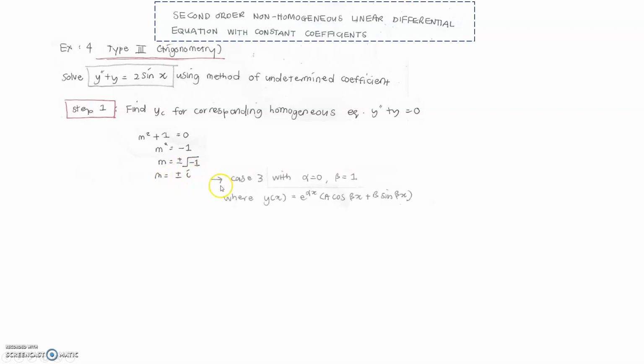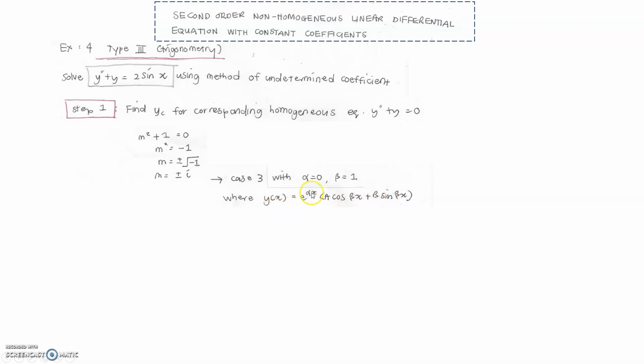Okay, so from here, it refers to case number 3, whereby your alpha is 0 and your beta is 1. So for case number 3, the solution for the homogeneous equation is y(x) equal to e to the alpha x multiplied with a cos beta x plus b sin beta x.